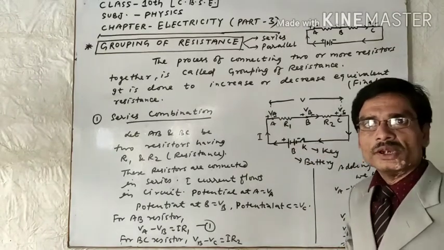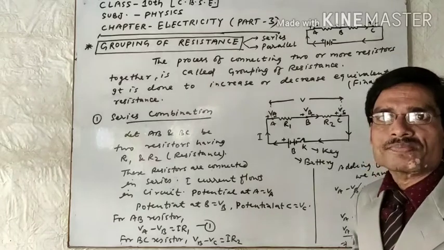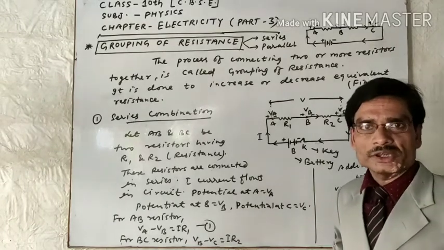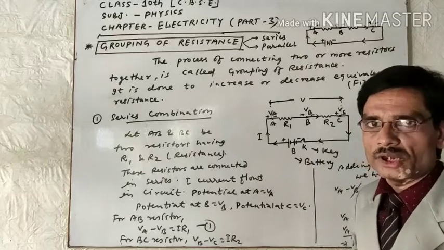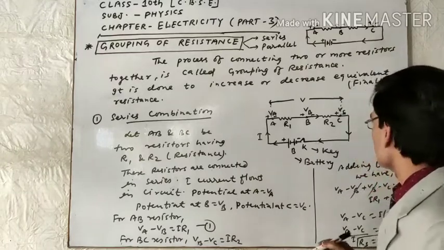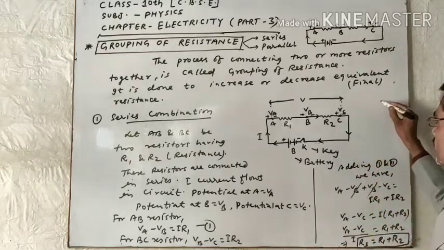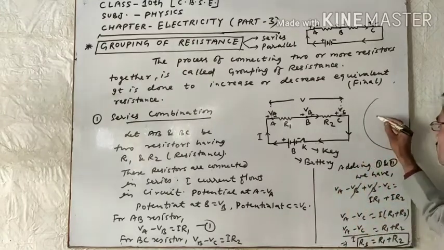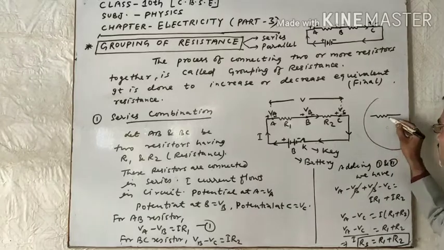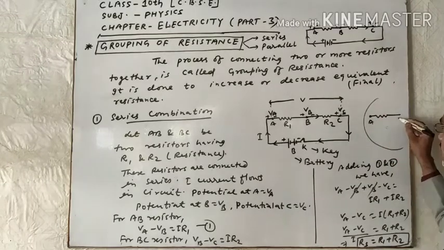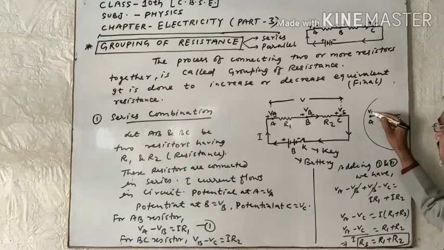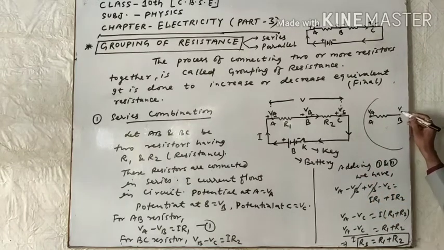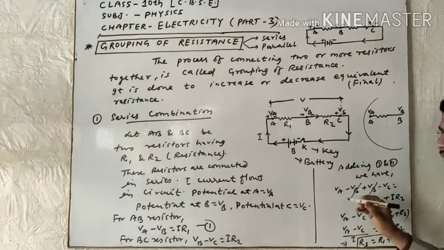Now, in the previous video, I explained about Ohm's law. This gives the result V equal to IR. For understanding, I do a rough sketch here. Suppose this is a conducting wire, AB. Potential at A is VA, and potential at B is VB.